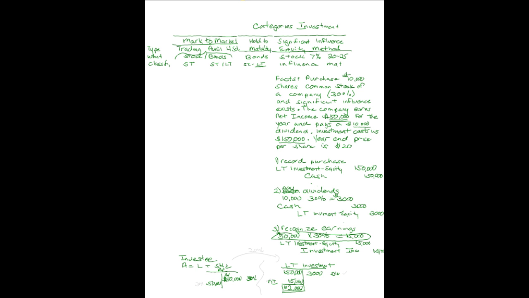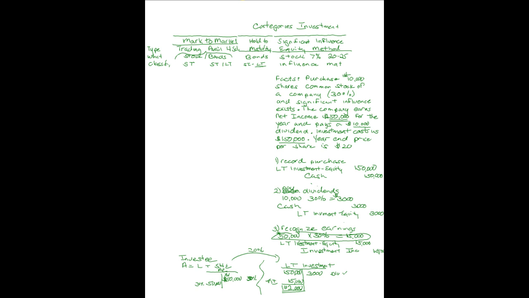I picked up my 30% of their net income, and I picked up my 30% of their dividends. Went down for it. So whatever's happening in their retained earnings account is being mirrored at 30% in my investment account.